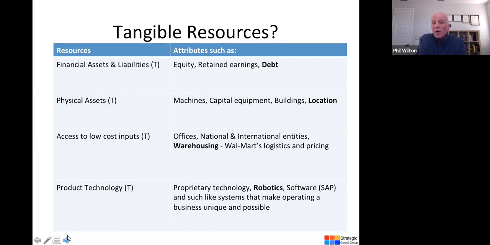It could be just software. It could be an SAP program that you've developed that makes operating your organization unique and possible. There are many different ways that you can affect how you use products and technology inside a company to make the organization more efficient.